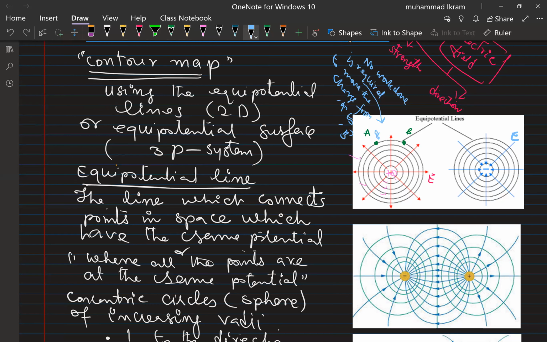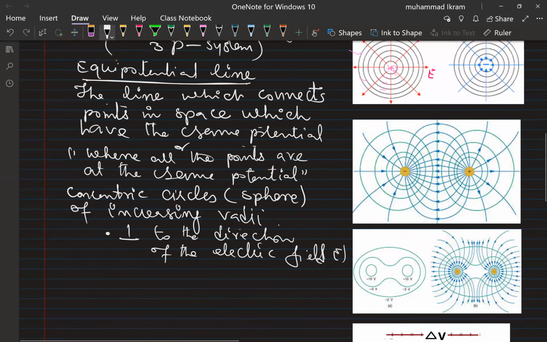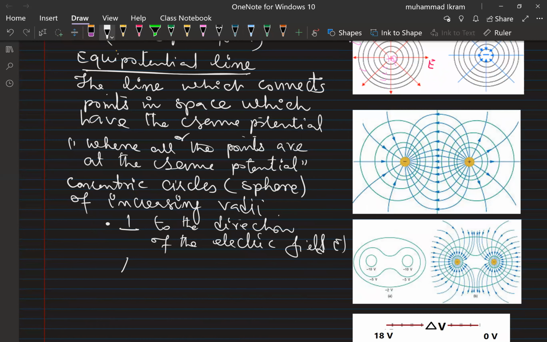What is the reason? The reason is very simple. It is because the potential at the point A is the same as the potential at the point B. Why am I saying this? Do you remember when I was explaining the electric potential to you, the kQ by r?